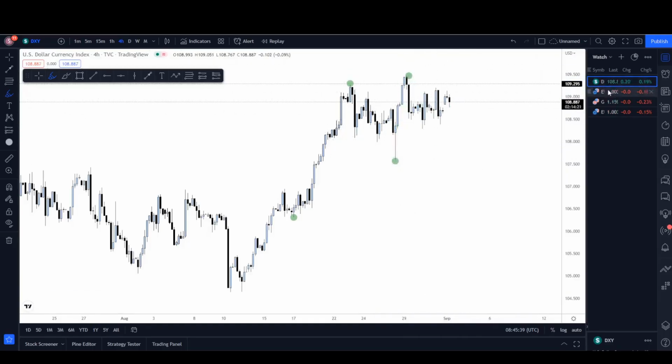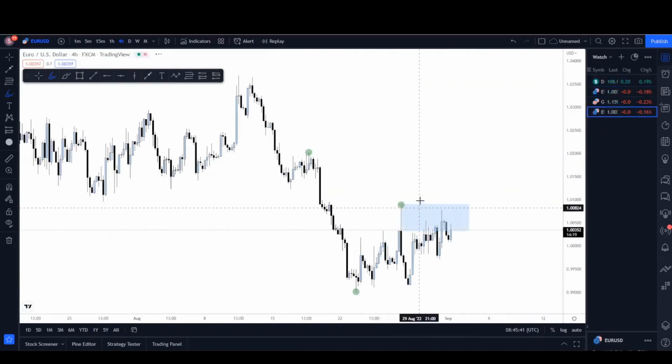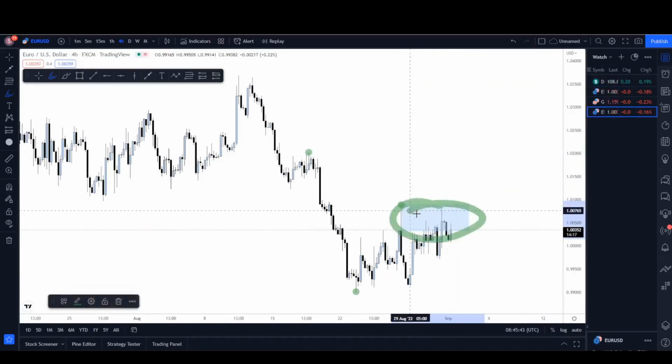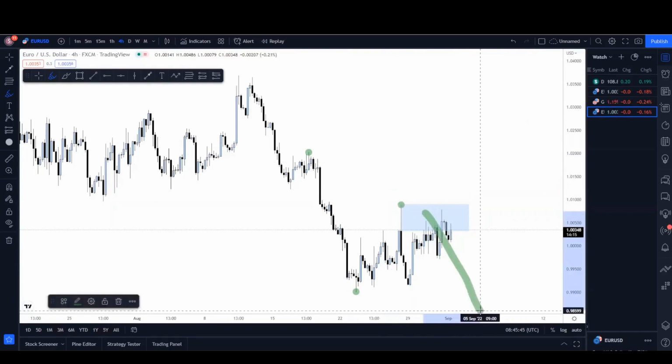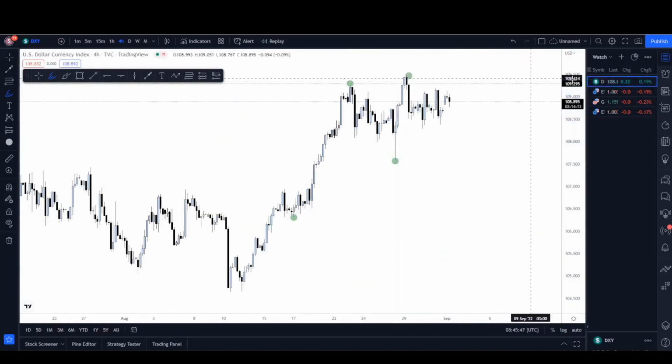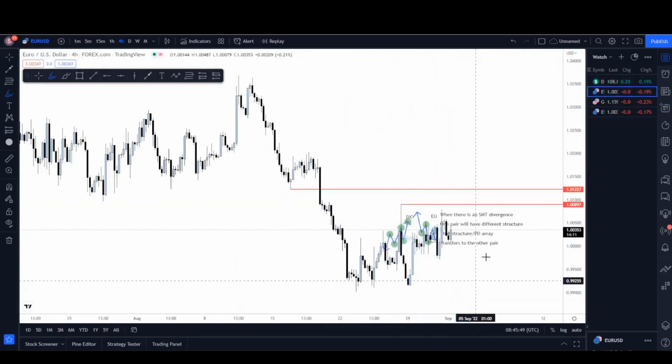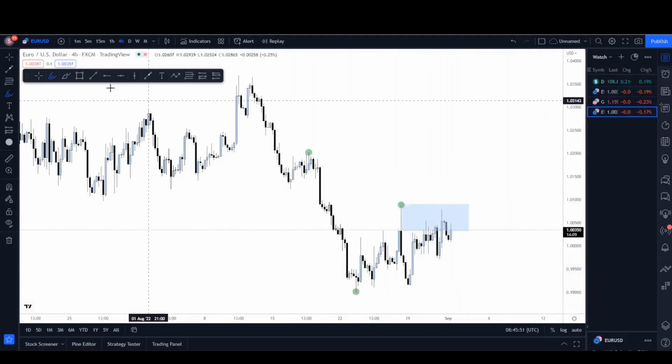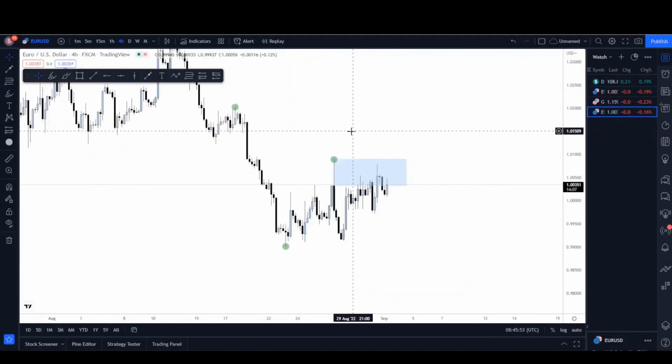So if we transfer that over to EU, this zone in here becomes relevant now. So it's an obstacle because dollar could cause a new high high. So that transfers to EU lower low, if that makes sense. It just transfers. Dollar's structure transfers over to EU. Same if EU is the one making the lower low and dollar failed to create a high high, EU would transfer to the dollar.